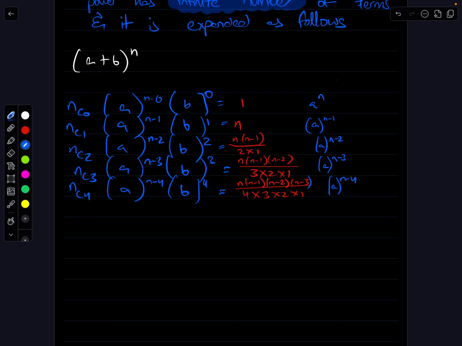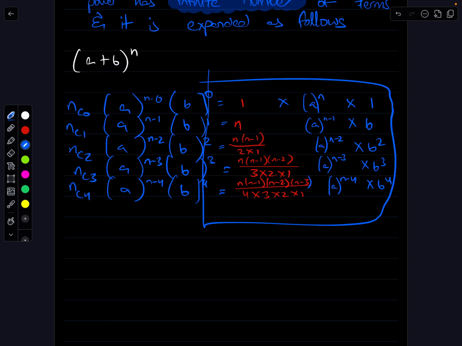And similarly, you have b too. So b to the power 0 would be 1. b to the power 1 is b, and then b square, b cube, and b to the power 4. This is how the expansion would look like, and so on.